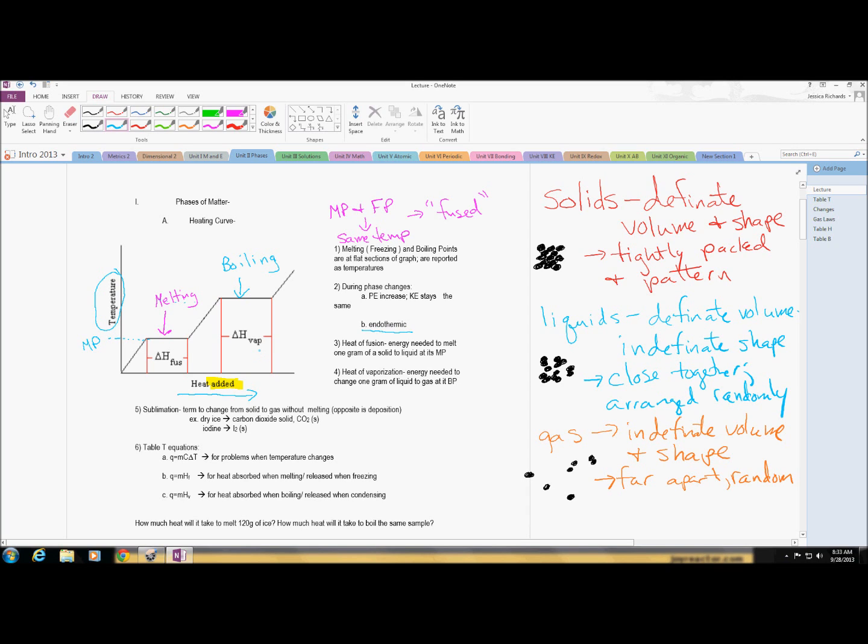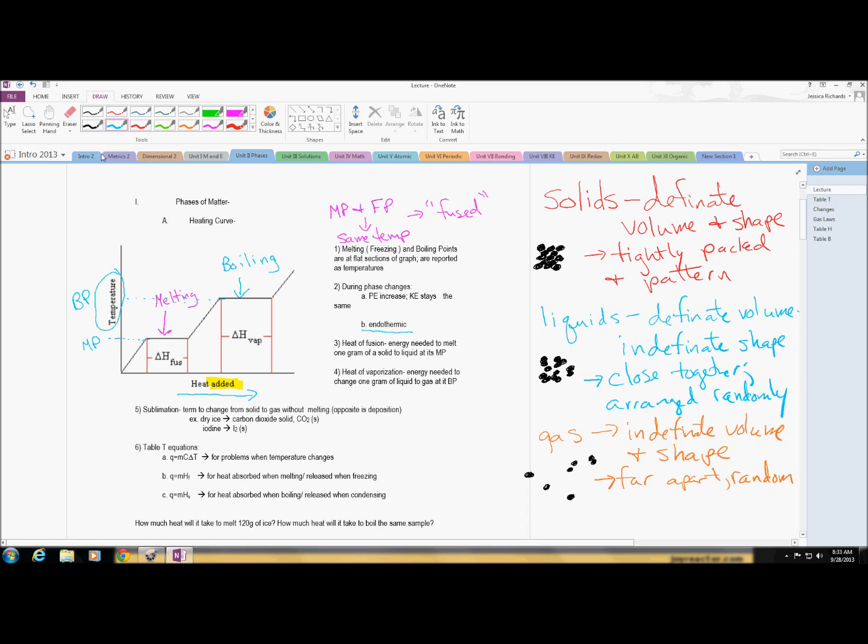So if we increase the temperature, we increase the vapor pressure. Boiling in chemistry is going to be when the vapor pressure equals the atmospheric pressure pushing down. So when we hit that point, notice that the temperature doesn't change anymore. That temperature is called the boiling point. And once we hit that boiling point, the temperature stays the same until it's all a vapor.